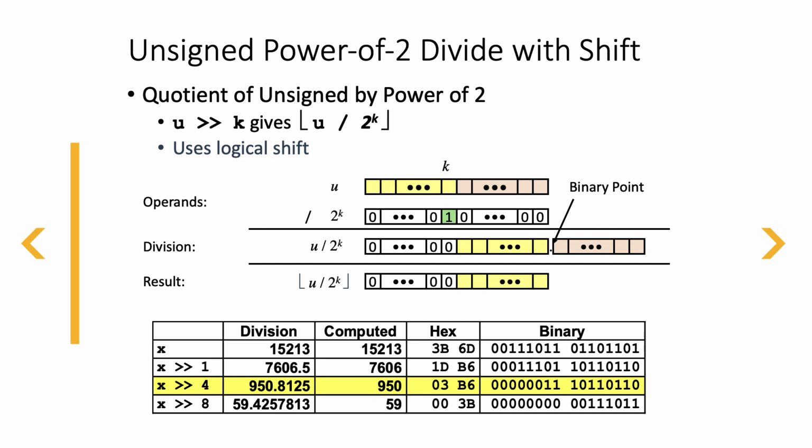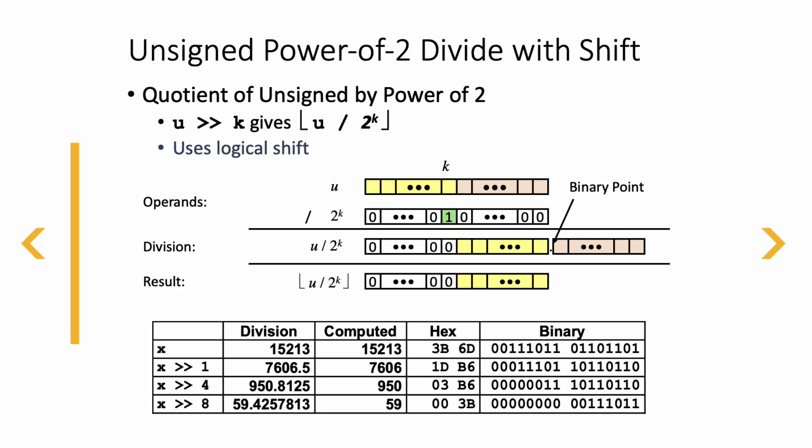So our computed value, when we get it into an integer representation, is 950. And once again, when we look at the binary representation, we've just taken the initial x and shifted it by 4. That gives us our division by 16. So we can do these things to save those clock cycles. We can make things run a bit faster by keeping in mind the mathematical properties of what shifting these bits around does for us.